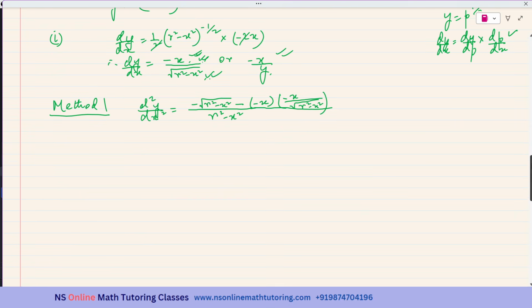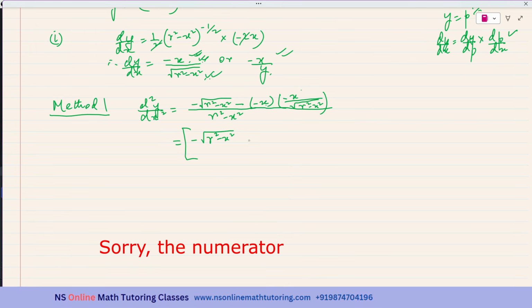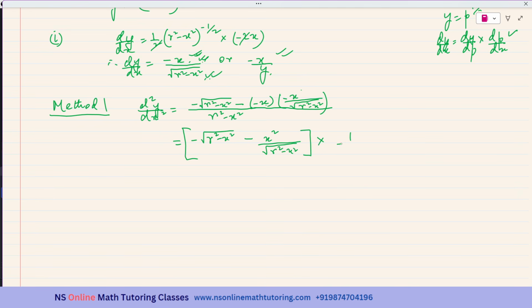Okay, so this is equal to minus square root of r square minus x square, and then minus of minus x is plus x, times minus x is minus x square. So minus x square over square root of r square minus x square. This is the numerator, times 1 over r square minus x square, which is the denominator.